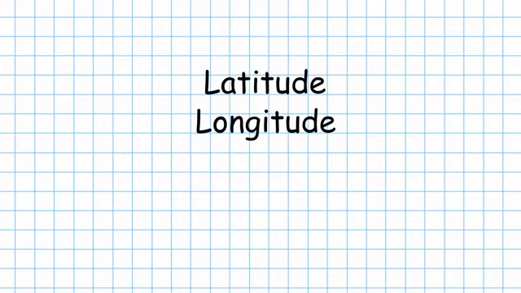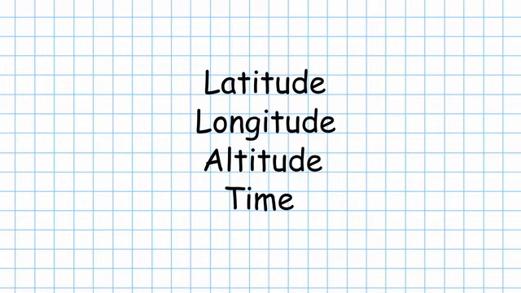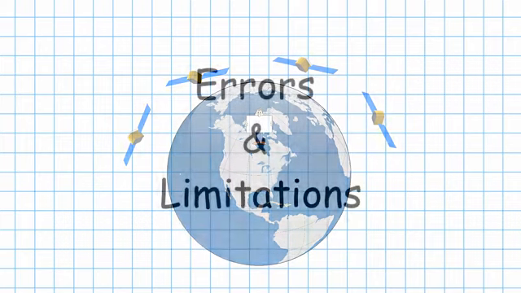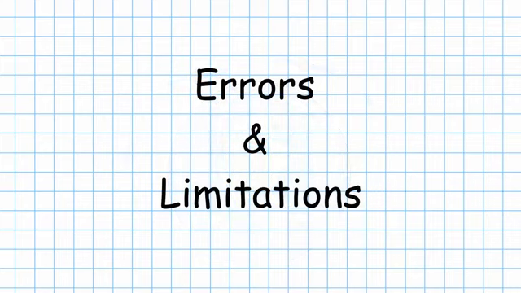We'd actually want latitude, longitude, altitude and time. The same principle applies, which just means we need 4 satellites to produce enough simultaneous equations. It is for this reason that GPS receivers all lock onto a minimum of 4 satellites before they're able to give you your position. Even after completing all these calculations, there are still limitations and errors that can creep in.